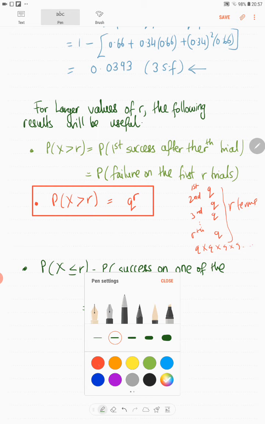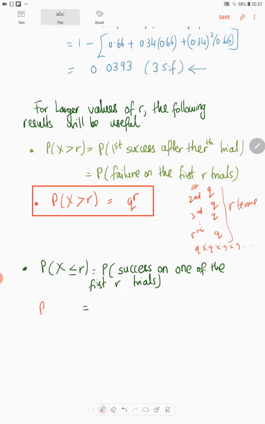It will be 1 minus q power r. This can be obtained from the result above: greater than r is q power r.